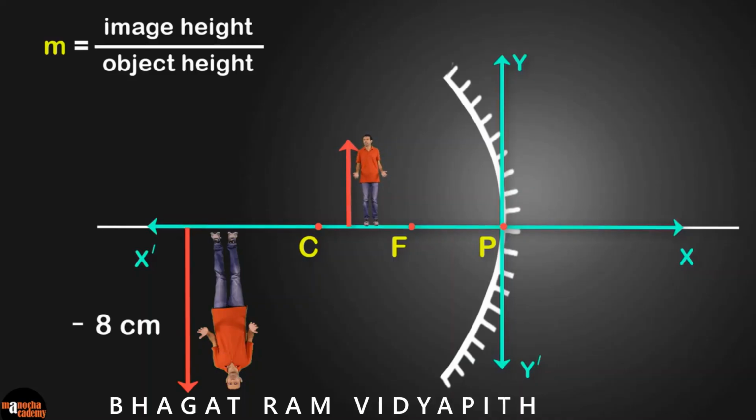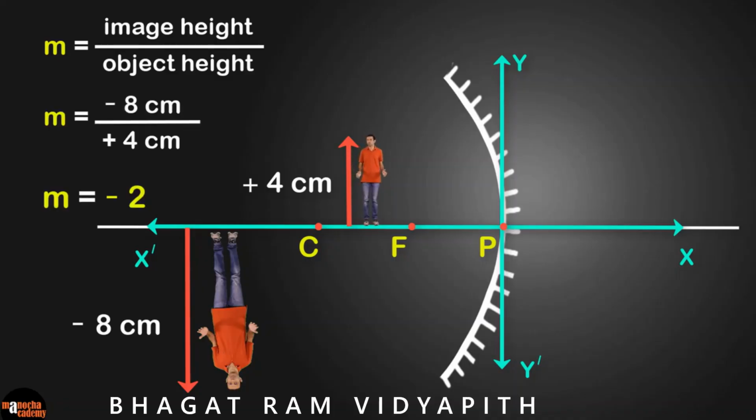And the object height is plus 4 centimeters because I am the object and my height is measured along the positive y-axis. So the magnification is minus 2. Now the negative sign tells us that the image is inverted, and 2 tells us that the image height is double of the object height.